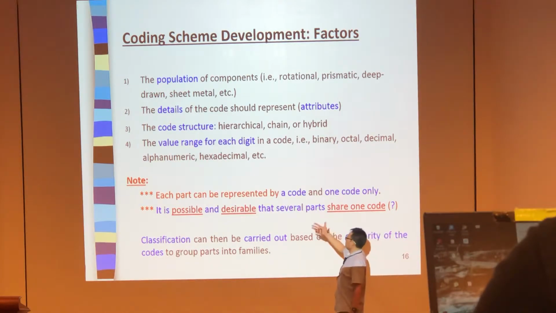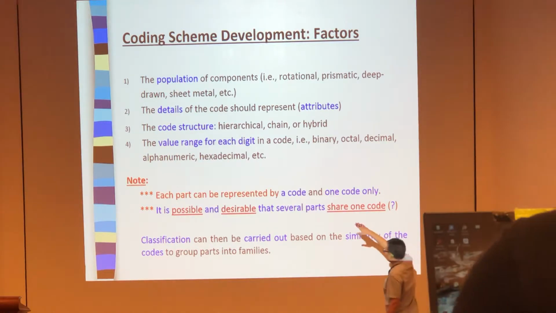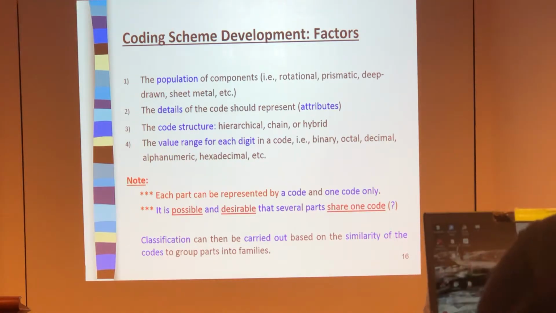Either numerical or whatever, you could use A to Z, like 26, plus 0 to 9, 10, you got 36, and so on. It's really up to you to define the value range for each digit. And after that, the coding system is developed.